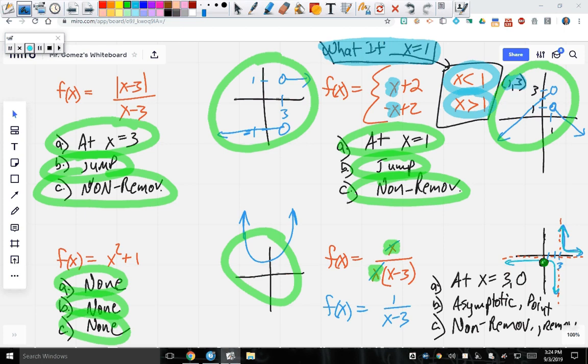And then x is equal to 3 is your other one, so you have 1, 2. The first one's asymptotic, the second one's a point. The first one's non-removable, and the second one is removable. And then you have 2 pieces to the graph. I want you to have shown the vertical asymptote and also to have shown the removable discontinuity.